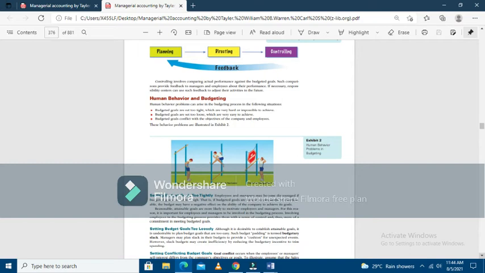So anong magiging basis natin on analyzing whether the goals are too tight, whether the goals are too loose, and whether there are conflicts? On the financial perspective, we'll look at our past information, yung data. For example, we use linear trends, we use linear programming, we use yung quantitative techniques. Pwedeng gamitin kasi natin yung past financial information to be able to predict the future goals.